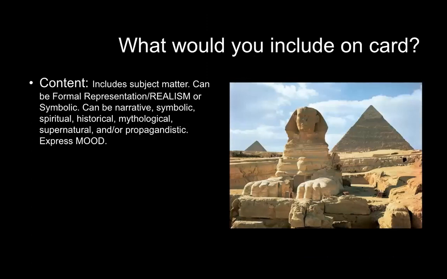What is it an image of? Let's just focus on the Sphinx. What is it an image of? A pharaoh. A pharaoh in the form of a lion, which we already talked about, right? Those are things that we can visually see. And then what does that mean? It means power. And it's placed in front of his pyramid. So this is the content. This is your understanding of it.